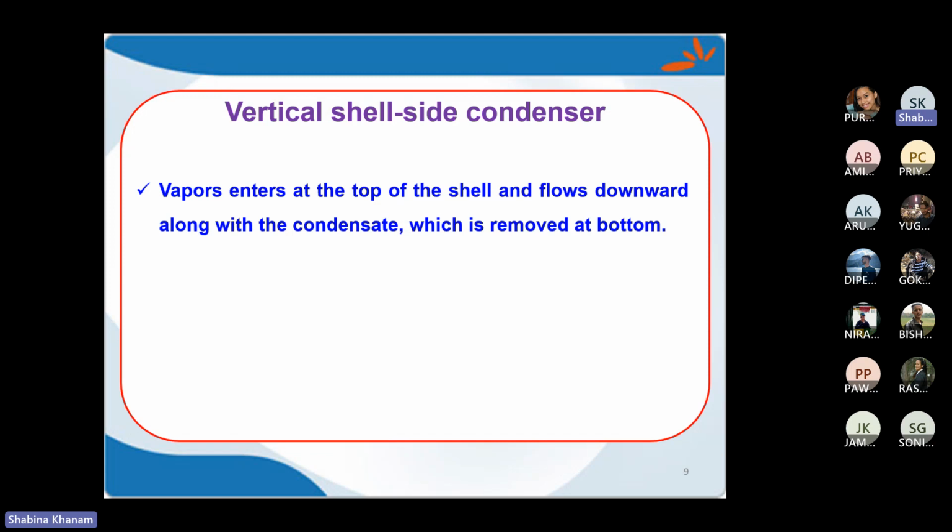Because of the gravity, it will come down, which will create hindrance in the movement of vapor from the bottom, because it has to pass the complete liquid which is accumulated at the bottom in the condensate form, because anyway it will exit, but that exit will not be very sudden, that will be very slow. Okay, so in that case, vapor entry will be difficult when it is entering from the bottom.